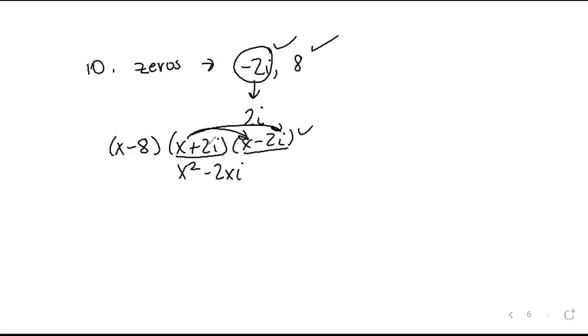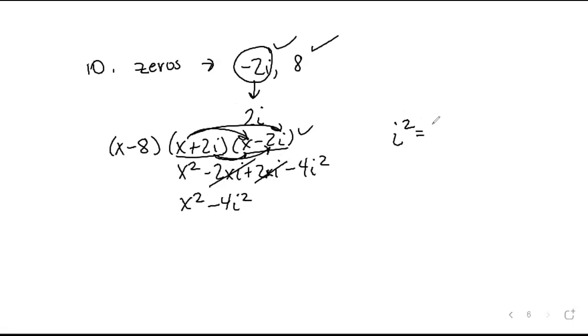I did these 2 first because they were exactly the same but opposites of each other, so it's going to save me some work. Plus 2xi, and then when you multiply the last 2, you get minus 4i squared. So this thing is x squared minus 4i squared.